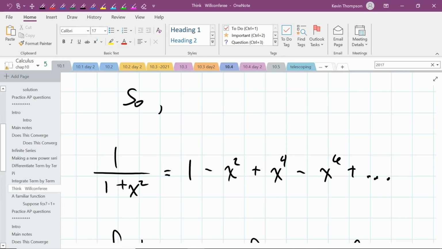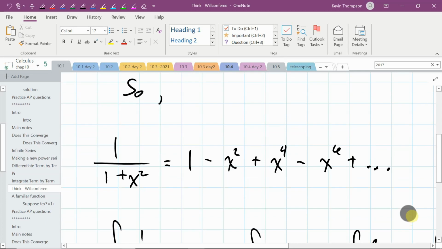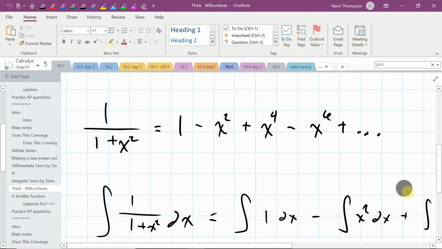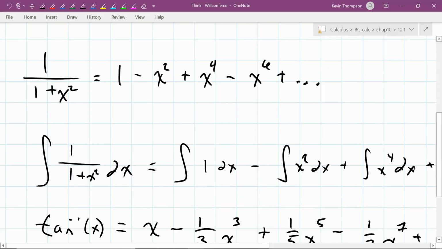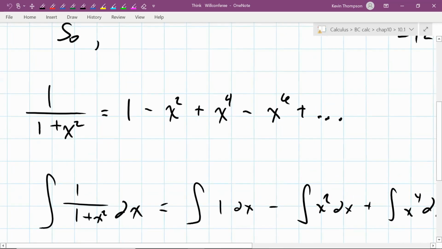Okay, so this statement is built off of that geometric series that we have already worked with and used. Again, I am saying the thing on the left and the thing on the right are the same. Well, if I could take the derivative, then I should be able to think about antiderivatives.